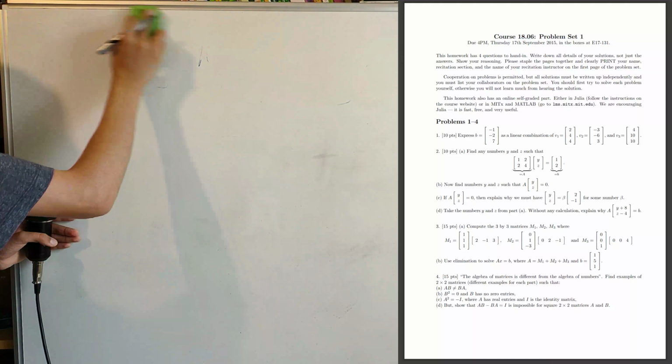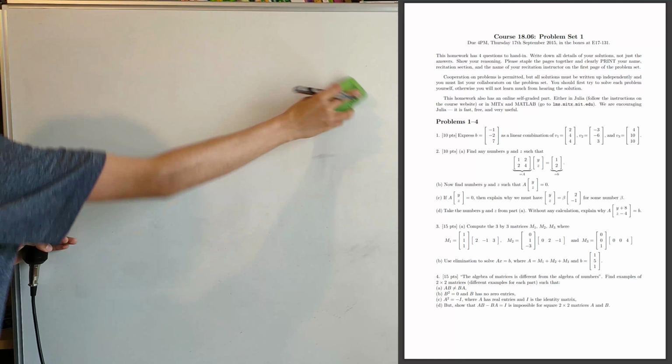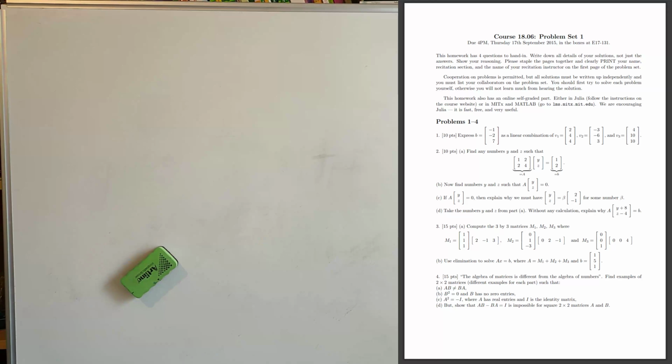Now, second problem. Second problem is find any numbers y and z such that A times (y, z) equals (1, 2). Again, we know what linear combinations are. A is 1, 2, 3, 4.